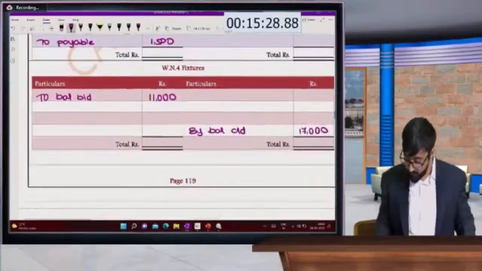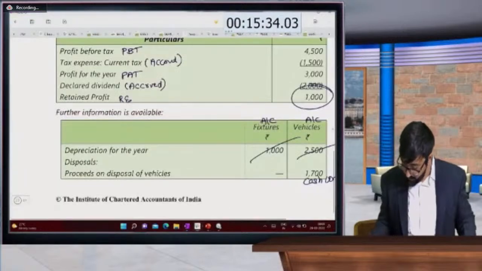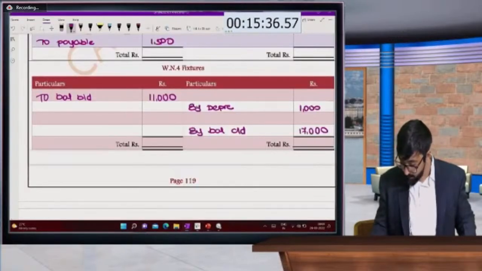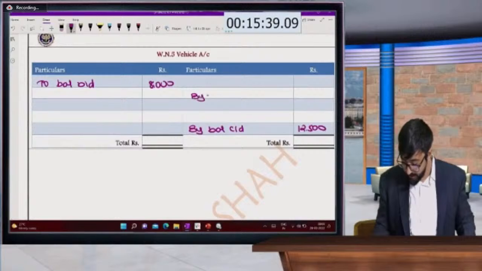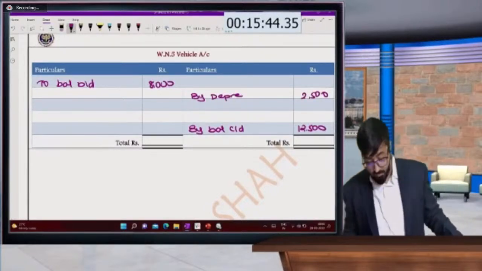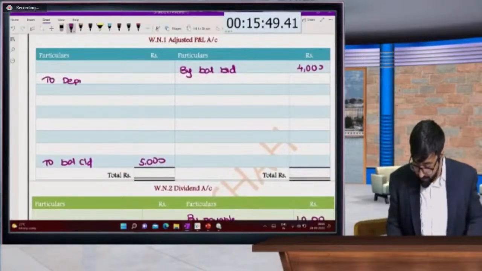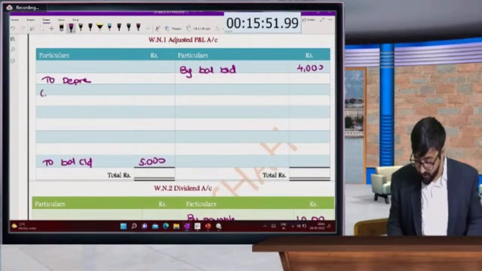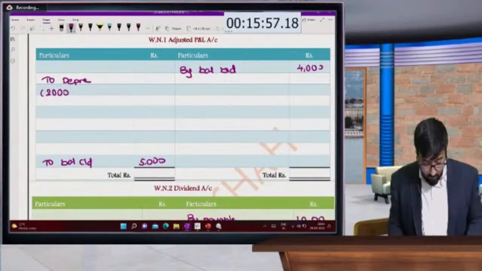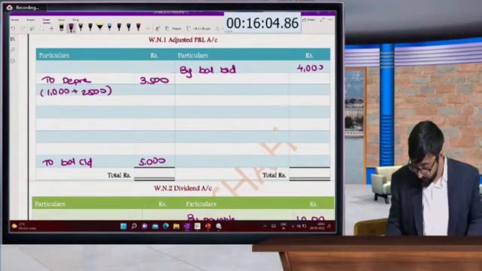Second line fixture, by depreciation 1000, and vehicle by depreciation 2500. Second effect, adjusted P&L debit side, non-cash expenditure, one credit, one debit. 1,000 plus 2,500, this is 3,500.